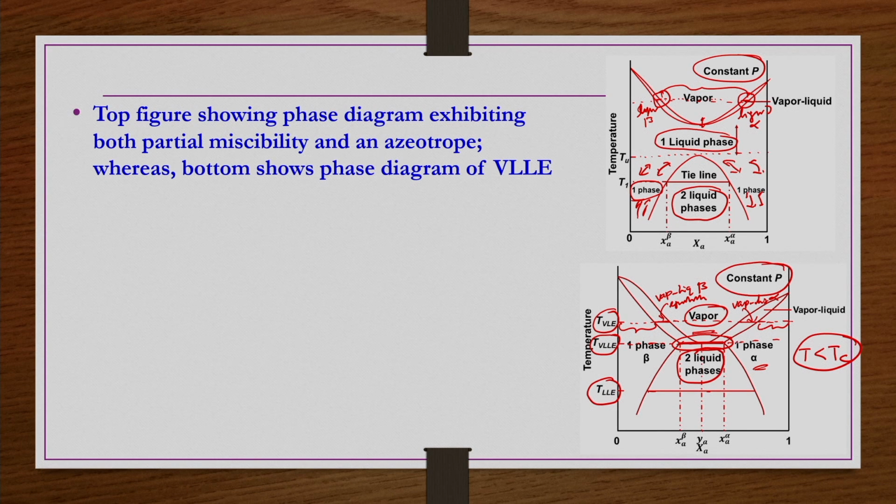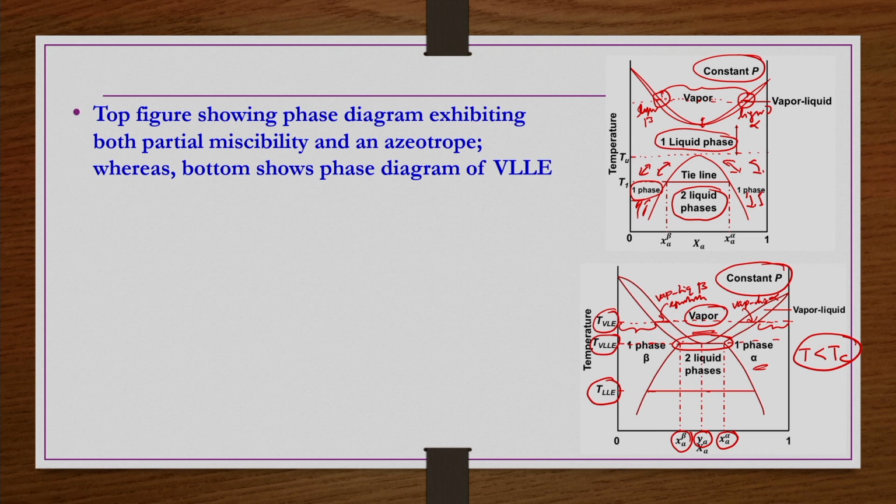And then if you draw a tie line at this temperature TVLLE, whichever is the larger mole fraction side, that is the mole fraction of that component in the alpha liquid phase, and whichever is the lower XA side, that is the mole fraction of that particular component in the beta phase, and then whatever is in between, coinciding with the vapor line, at that point whatever the composition is, that is the mole fraction of that particular component in the vapor phase, and all these three are in equilibrium with each other.